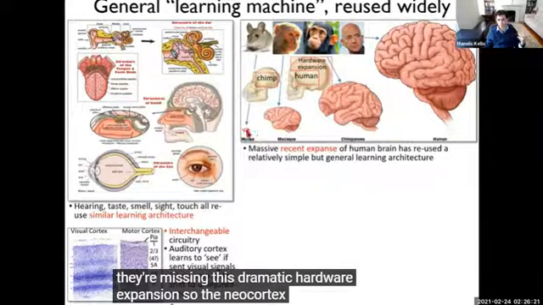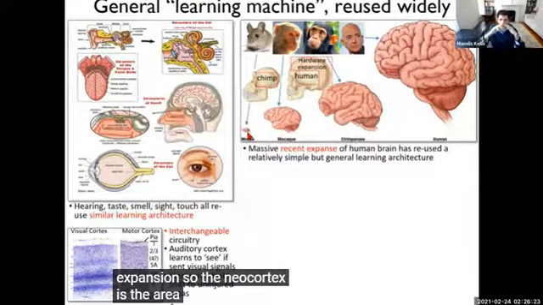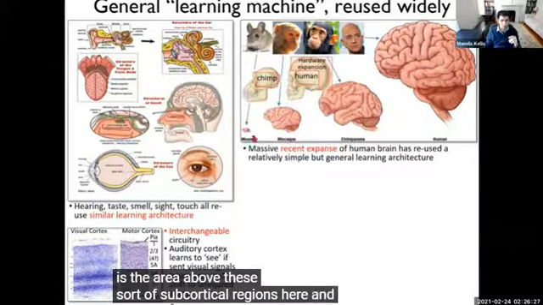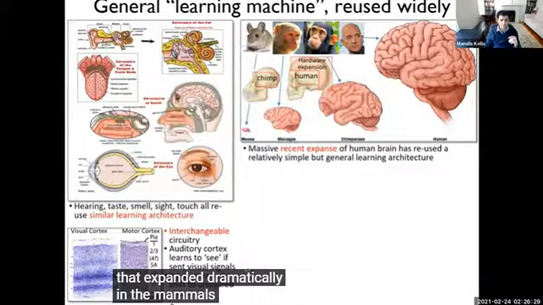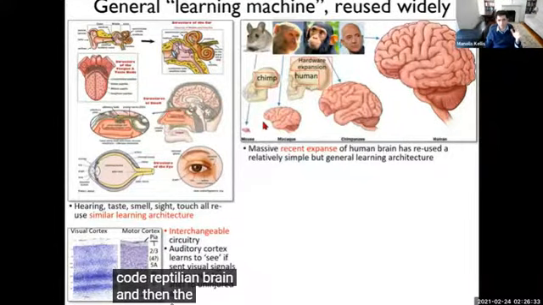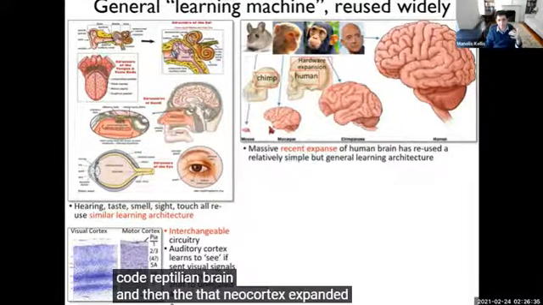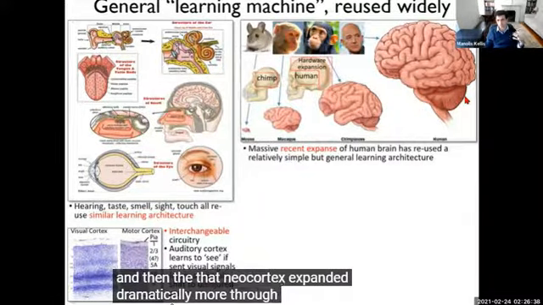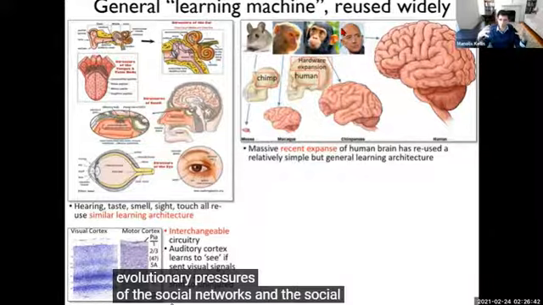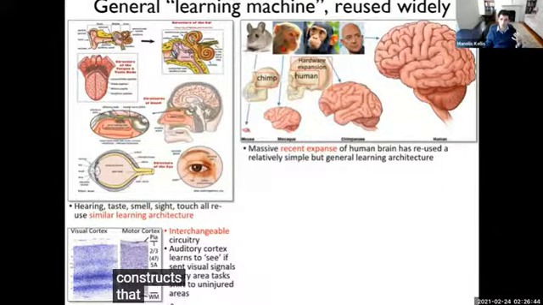So the neocortex is the area above these subcortical regions here, and that expanded dramatically in the mammals compared to our quote unquote reptilian brain. And then that neocortex expanded dramatically more through the evolutionary pressures of the social networks and social constructs that primates have.